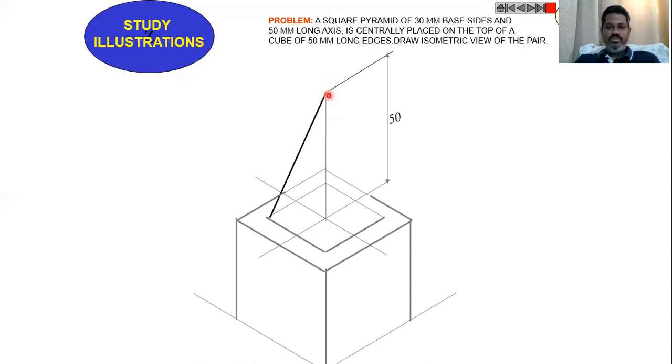Join the top point of this line with the four corners of the rhombus, which gives us the square pyramid that lies on the cube of side 50 mm, as you can see here. The side of the cube is 50 and the height is 50 mm, and the base side of the pyramid is 30 mm.